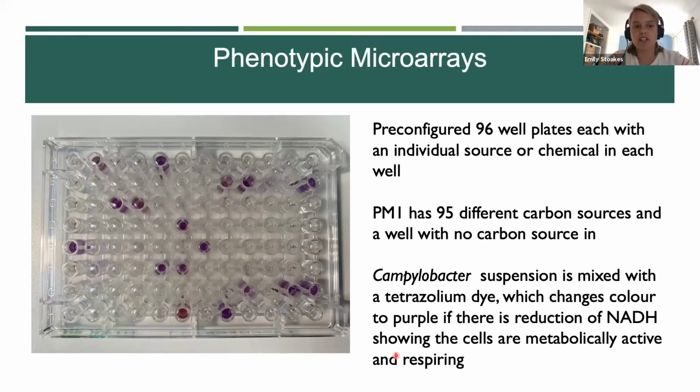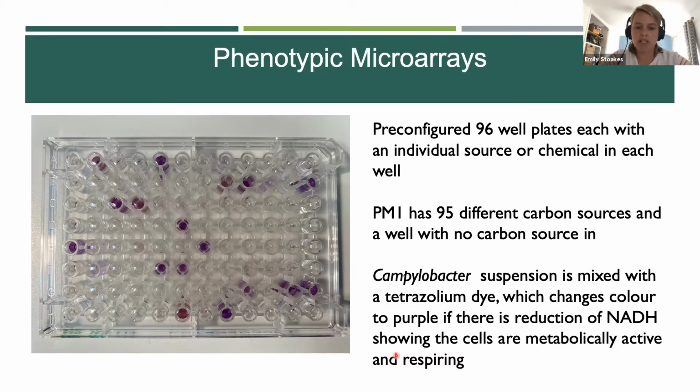The first is Phenotypic Microarrays. These are Biolog plates, pre-configured 96-well plates where they put an individual nutrient source or a chemical in each well. The plate that we used was PM1, which has 95 different carbon sources and 1 well with no carbon source. It's a phenotypic assay.